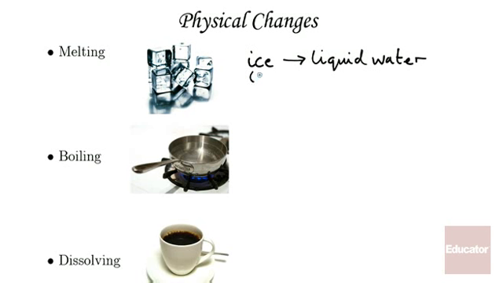Ice is a solid. We'll characterize it by little s, meaning solid, and water at ordinary temperatures is a liquid, characterized by small l. Now that's a change that occurs when energy is provided to the ice so that it melts to give liquid water.